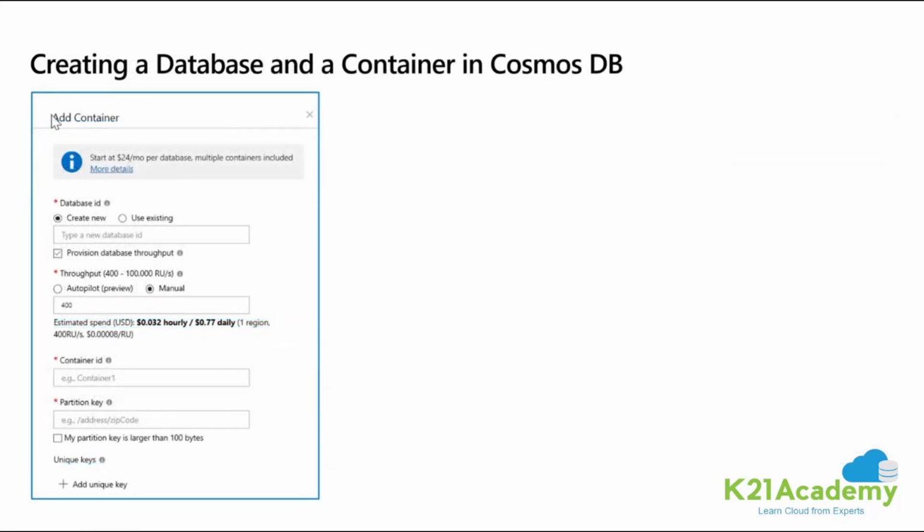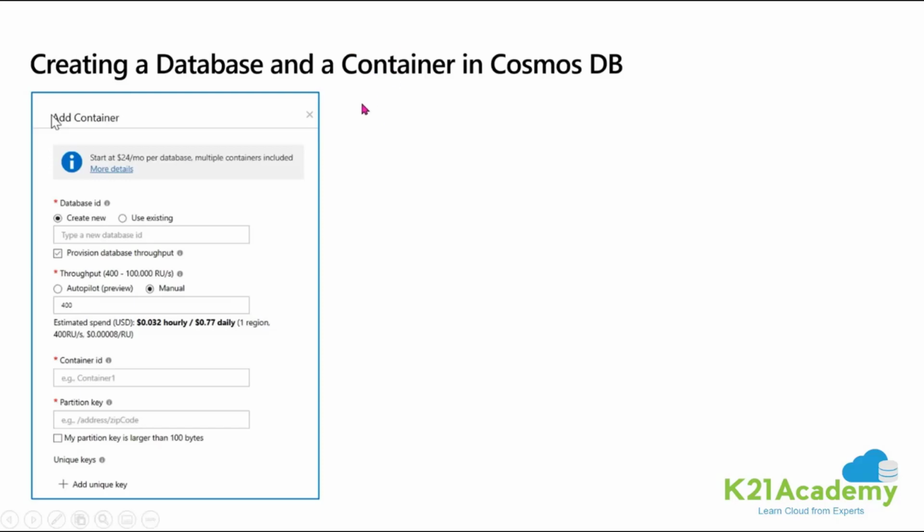Now, inside the Cosmos database account, you have the database. Now, a Cosmos database is equal to a database in the relational database sense. In SQL, you can imagine it like that. And a container is equal to a table in a relational database. If you understand what SQL is, databases have tables, and tables have rows inside them.